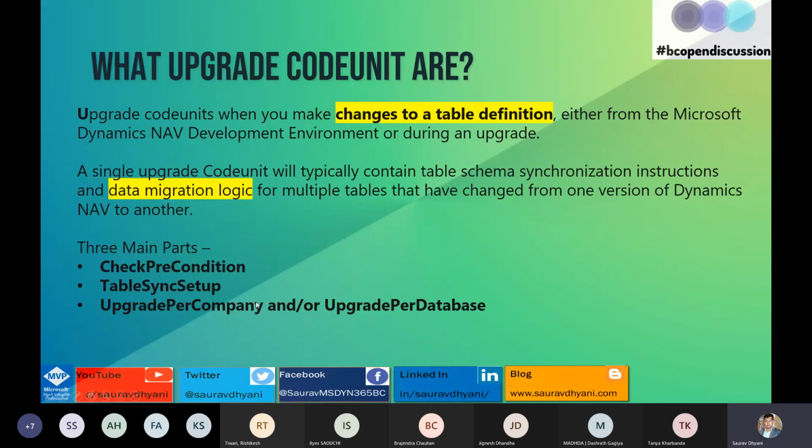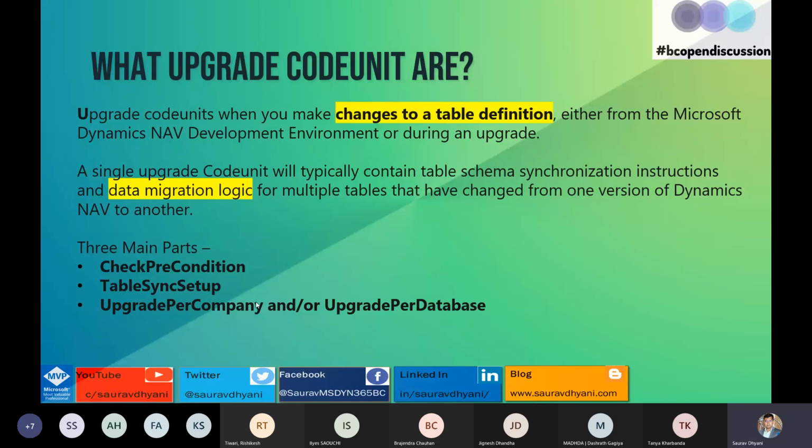Back till 2009, if you had 30 companies, you had to run step 1 and step 2 in every company by switching them manually. You run step 1 on company 1, then you switch to company 2, run step 1, 3, 4, 5, and every company you have to do it. And same for step 2.